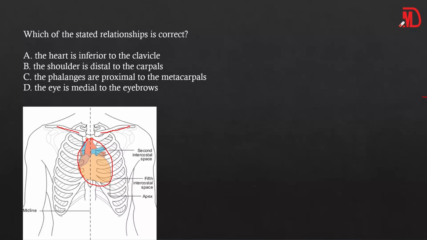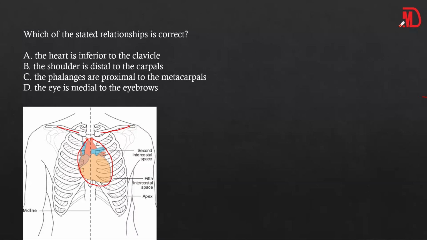The clavicle is above the heart, so we say it is superior to the heart. This means that the heart is inferior to the clavicle, right? The heart is inferior to the clavicle, but the clavicle is superior to the heart. So this statement is actually true. So we can hold on to that.